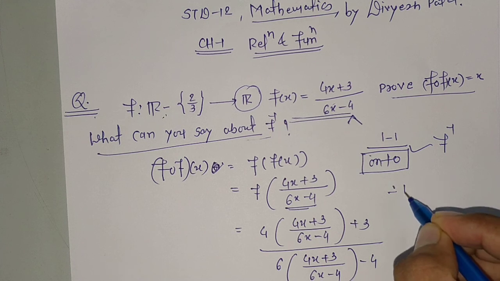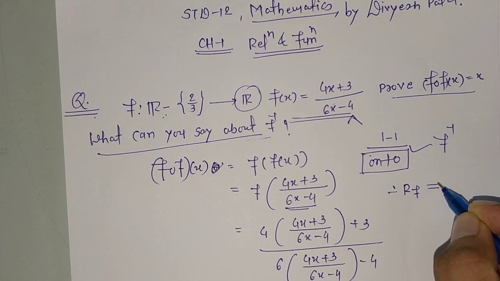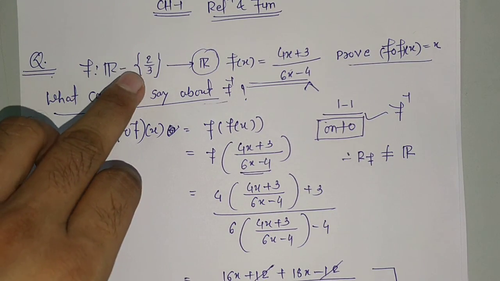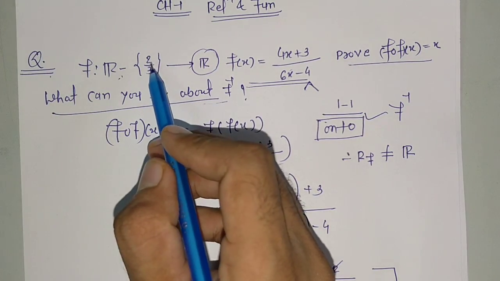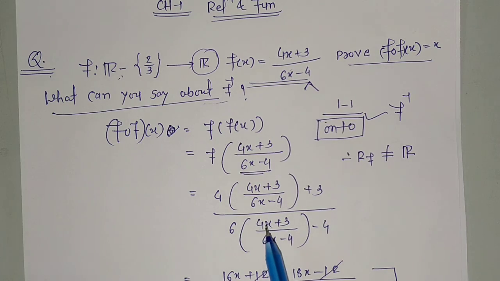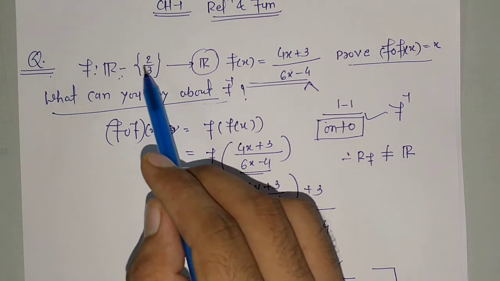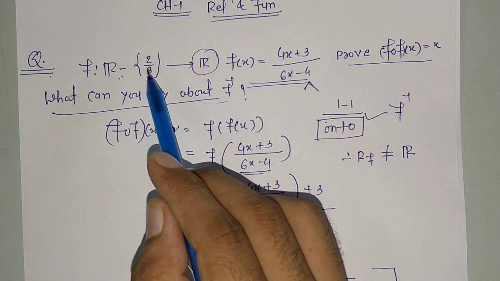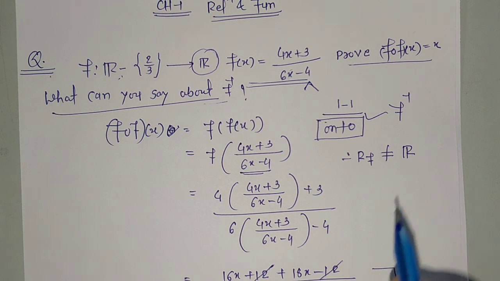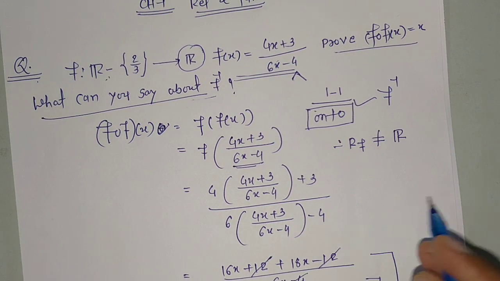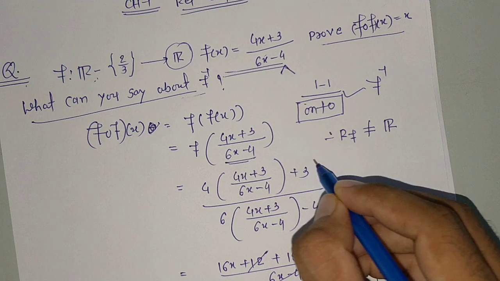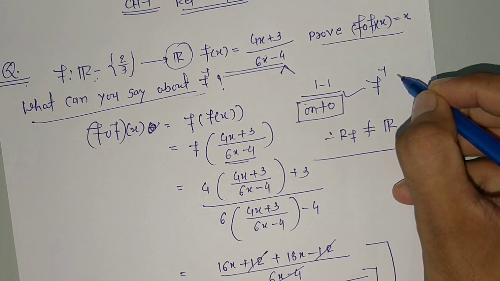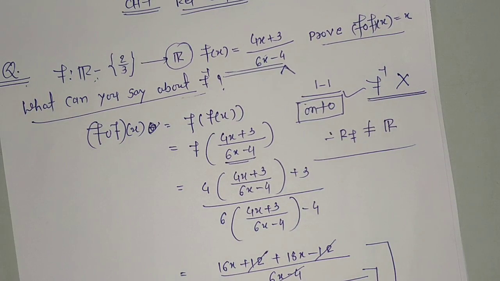So we can say that the range of f is not equal to R. We can observe that we cannot put 2/3, and for that 2/3 the function must have some value. So the range of this function cannot be R, so it's not onto. As it's not onto, one condition of bijectiveness fails, so f inverse does not exist.